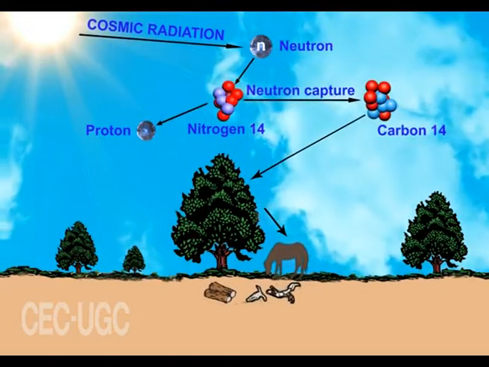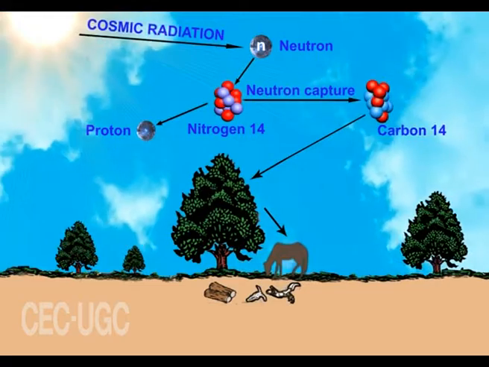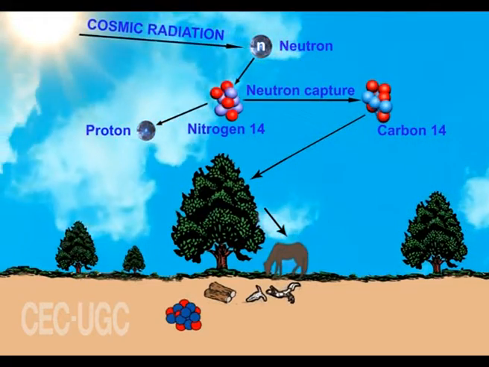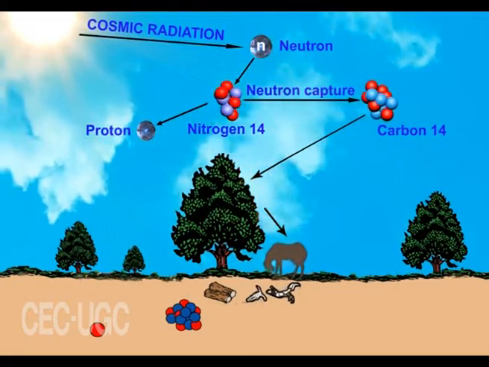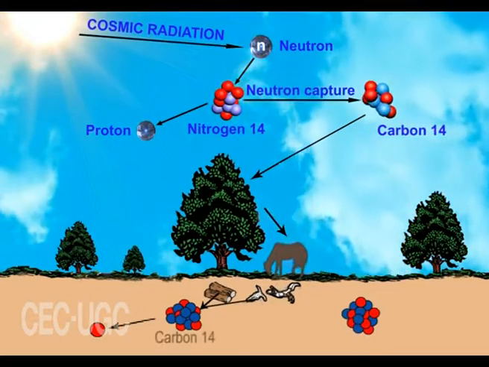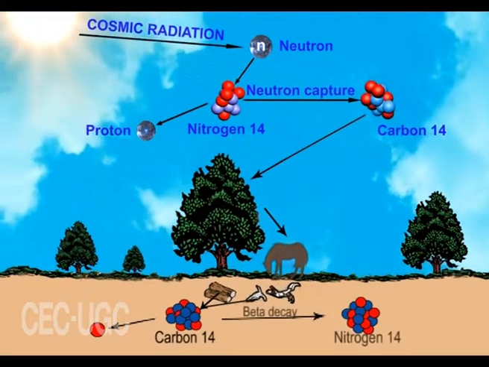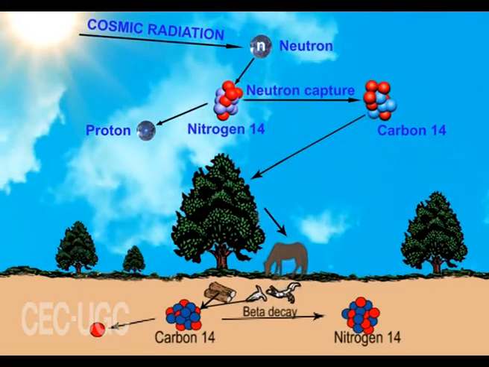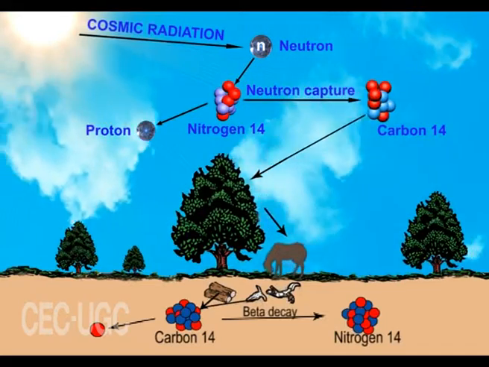After that, the organism is no longer in exchange with the atmosphere and no longer absorbs atoms of contemporary carbon. On the other hand, C14 that remains in the organism starts to decay at a constant rate. In something over 7,200 years only half of the C14 remains, and in a similar period, only half of that residue.